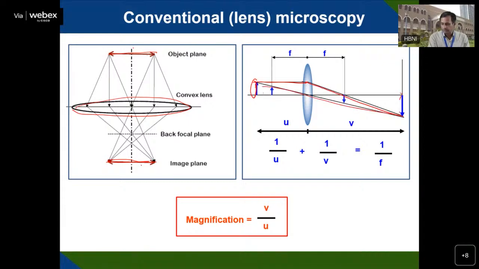If u is the distance from the object to the lens, and v is the distance from the lens to the image, then 1/u plus 1/v equals 1/f, which is the common lens equation. The magnification is expressed as v/u, the ratio of the lens-to-image distance to the lens-to-object distance.